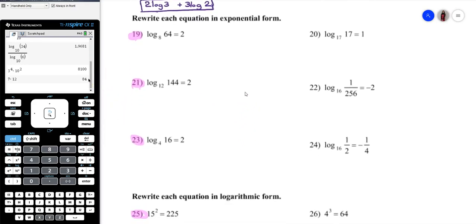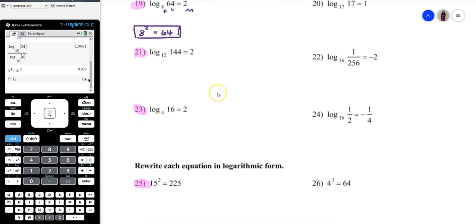Now the next one, rewrite each equation in exponential form. So we're just rewriting first, last, and middle. So we have 8 to the power of 2 equals 64. And with these, it's kind of easy to check, did I do this correctly? Because 8 squared is 64, so I know that I set that up the right way. First, last, middle.